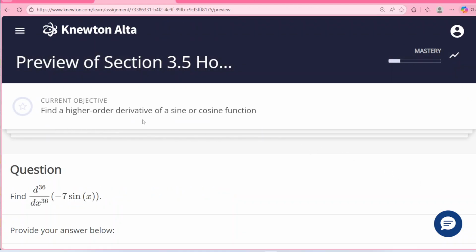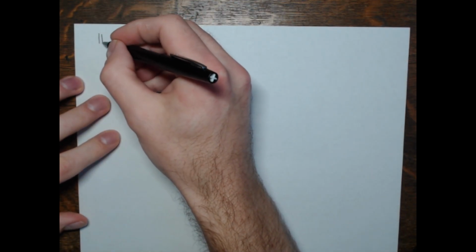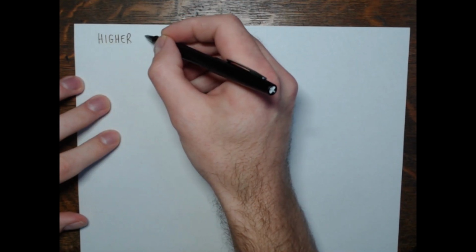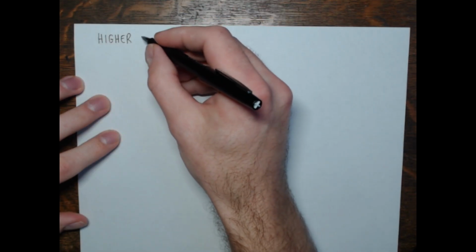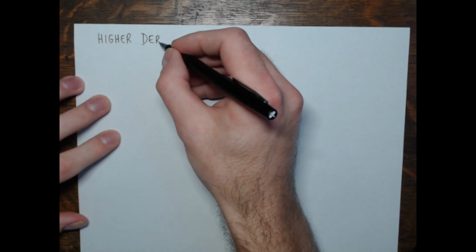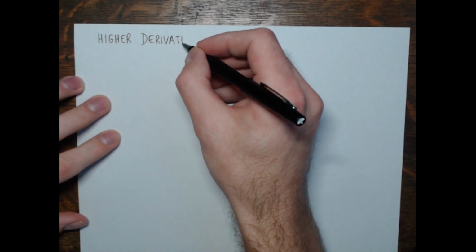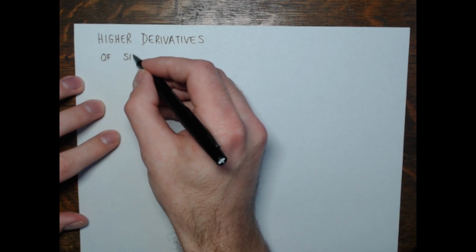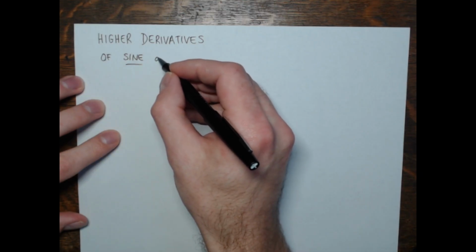All right, so now we get into higher order derivatives of sine and cosine. This is a little different than what we've seen. So let's get into these. This is just for sine and cosine, though. So higher derivatives: second derivative, third derivative, etc., of the sine and cosine functions, but just sine and cosine.